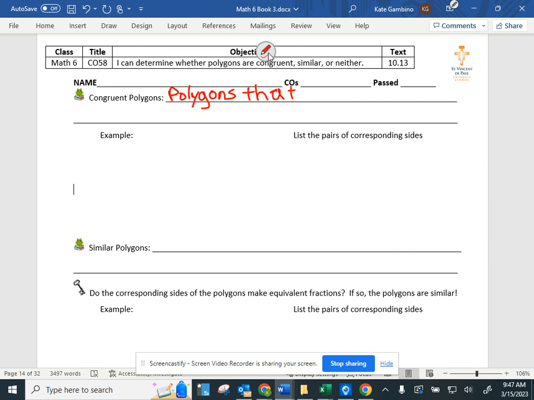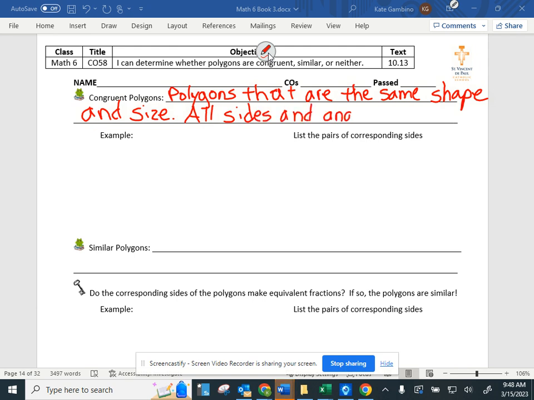There we go. So polygons that are the same shape and size. All sides and angles are congruent.